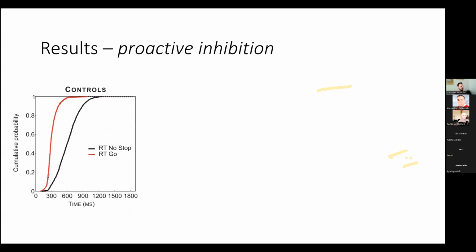So, as I told you before, we see the differences in reaction times and movement times between the stop signal task and the go-only task. The go-only task is this simple task where you only move to the right and you have no stop signal. As you can see, these are cumulative probability distributions.